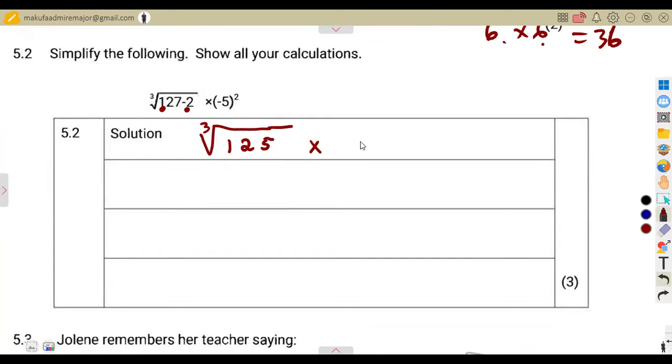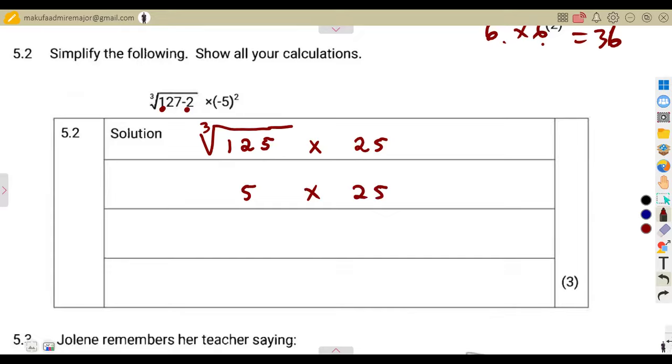It means minus 5 times minus 5, which is positive 25. What is the cube root of 125? The number that multiplies itself 3 times to give us 125. The cube root of 125 is simply 5, times 25.